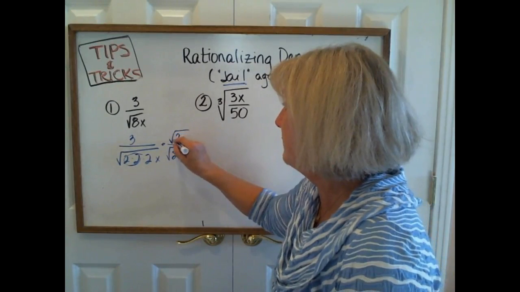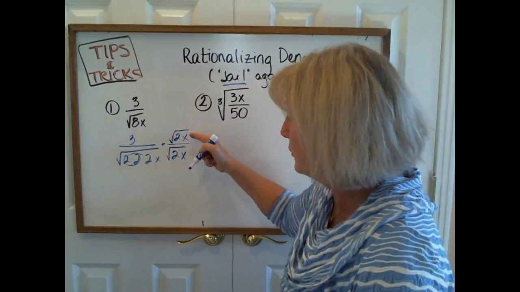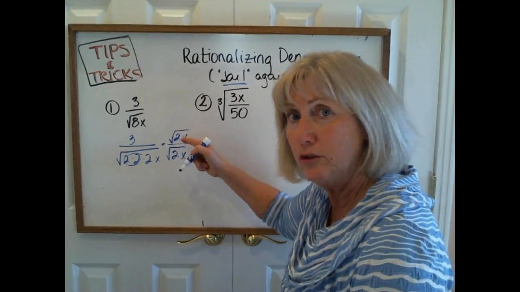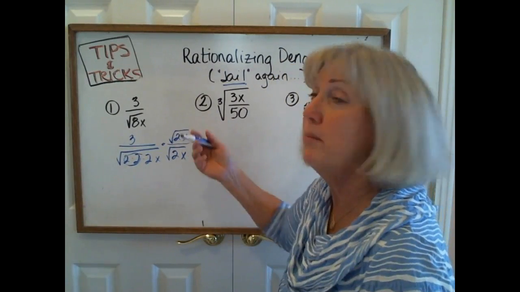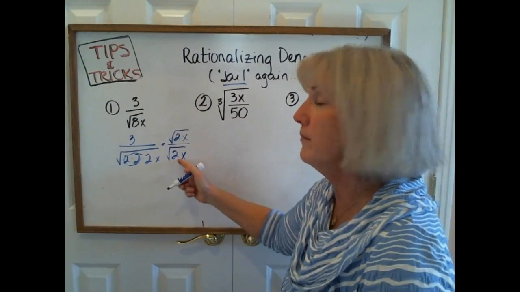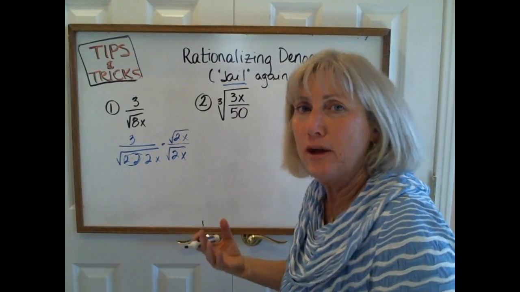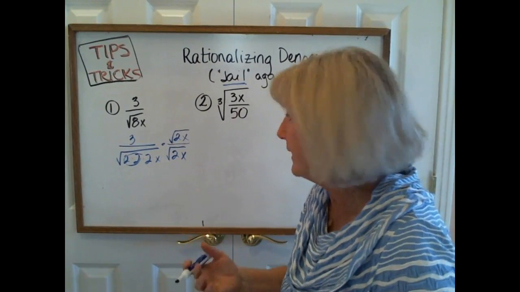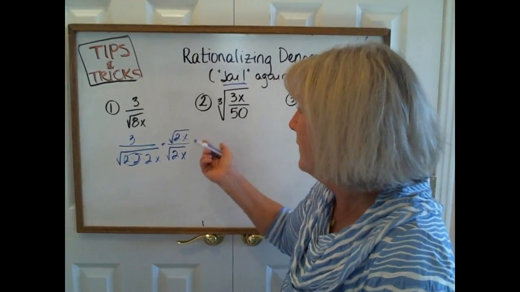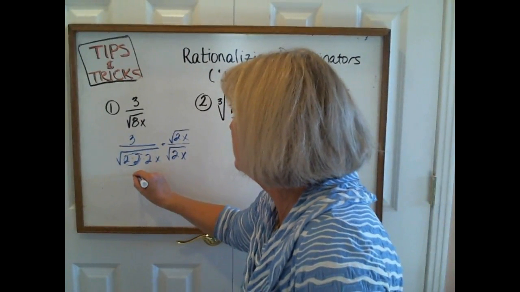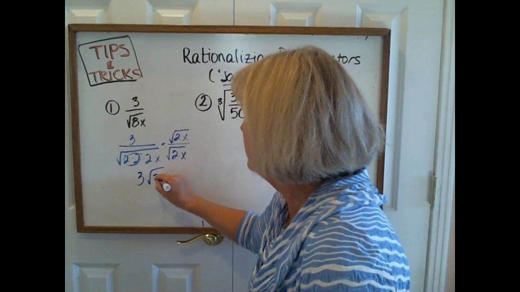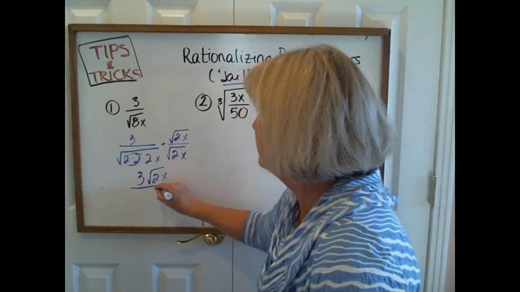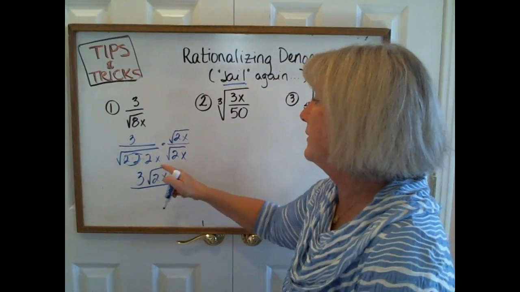And then we do the same thing in the numerator, so we are multiplying by 1. Root 2x over root 2x is 1, and we haven't made it so big. We haven't added extra numbers in there that we're going to have to reduce later. We're saving ourselves some work. So what this will equal is 3 times the square root of 2x divided by, so what does this turn out to be?